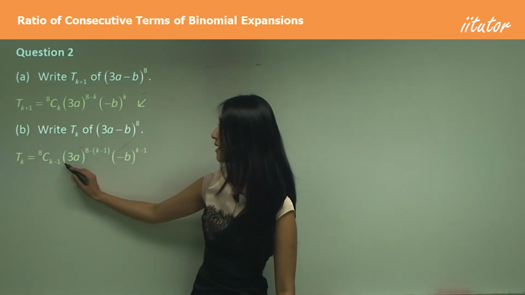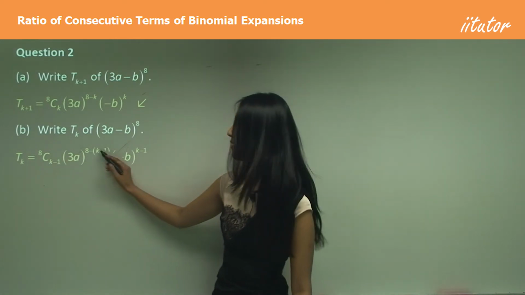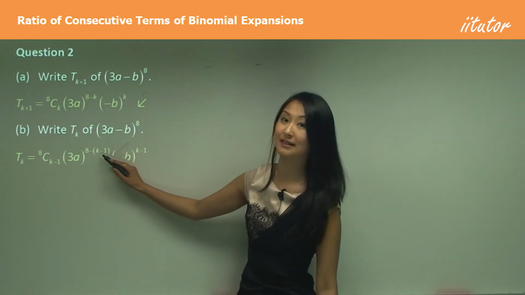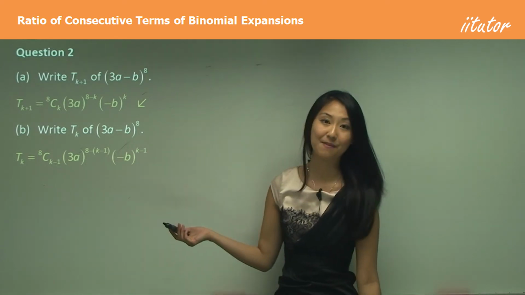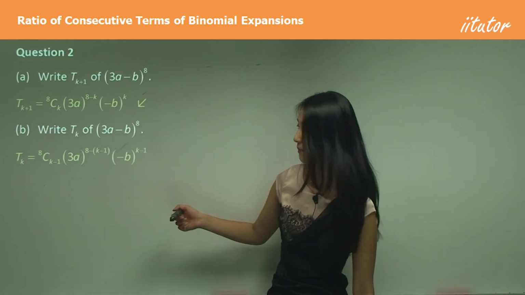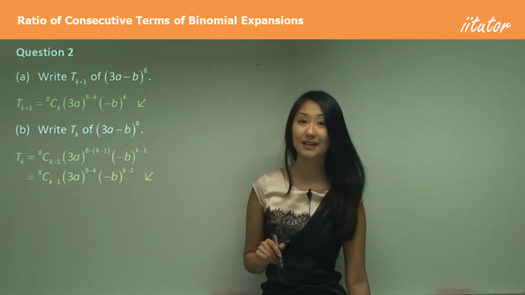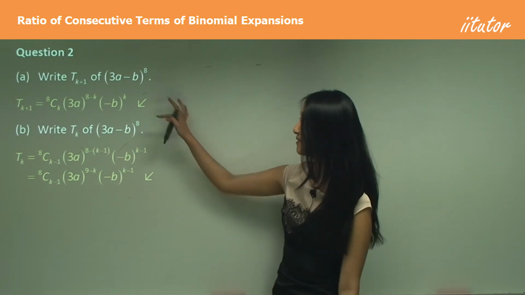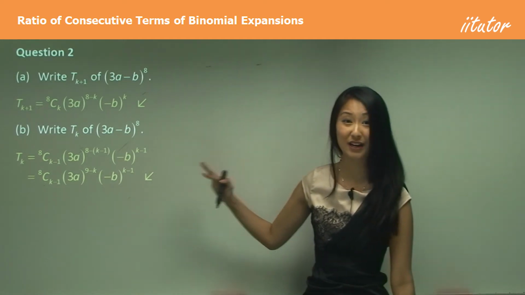So instead of k, we have k minus 1, yeah? Instead of 8 minus k, you have 8 minus k minus 1. This is k minus 1 as well. And then we simplify that a little bit. So 8 minus 1, 8 plus 1, so that becomes 9 minus k. Easy, all right?